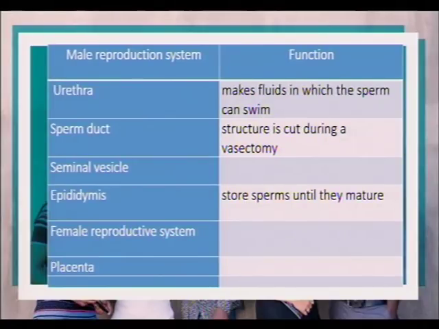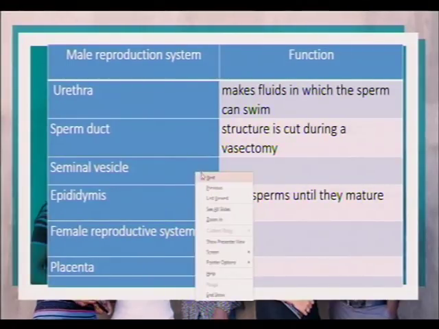You can do the same for the female reproductive system, which makes it easier for you, especially when you study or do revision, where you know exactly what the part is and what the function of the different parts are.